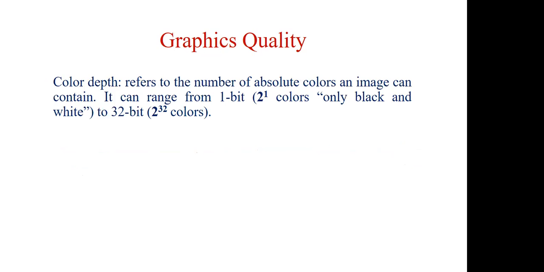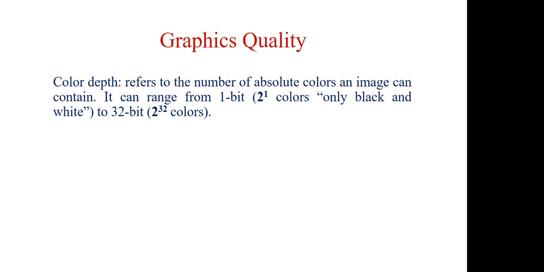Now you will get more idea about this. When you say graphics quality, color depth refers to the number of absolute colors an image can contain. It can range from 1 bit to 32 bits or more, depending upon the computer you are using.